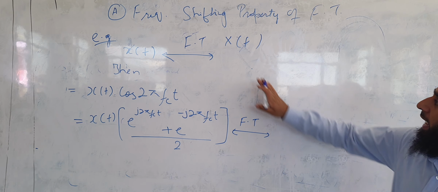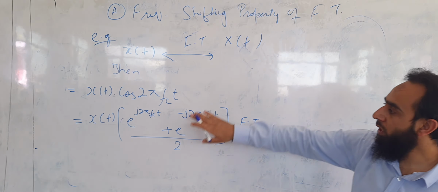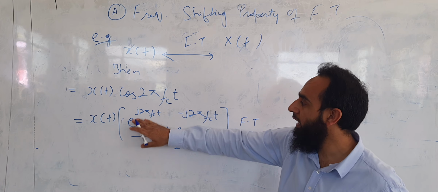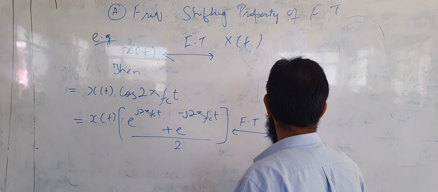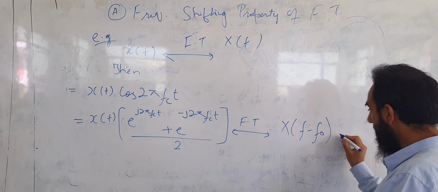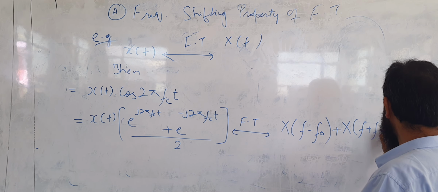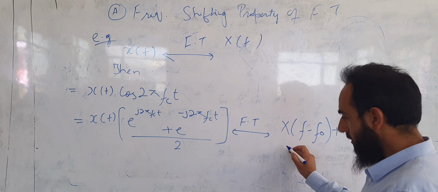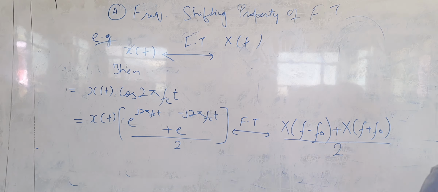That means if the Fourier transform of x of t was X of f, then the Fourier transform of x of t into e raised to j 2 pi fct will be X of f minus fc plus X of f plus fc, whole divided by 2, because the 2 will stay. Is that correct? Please tell me yes or no.